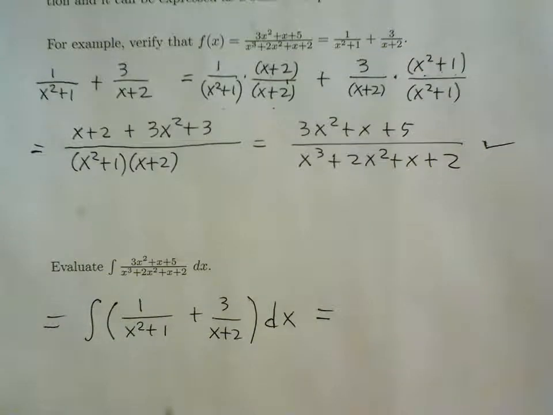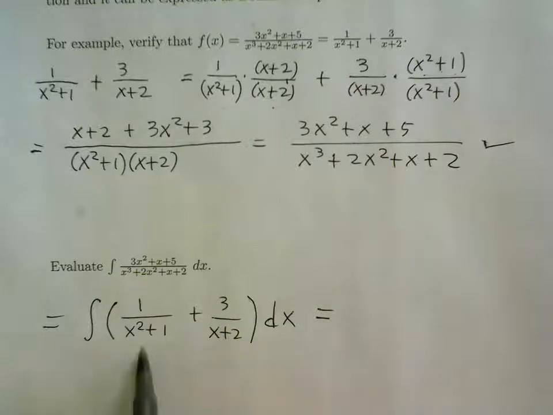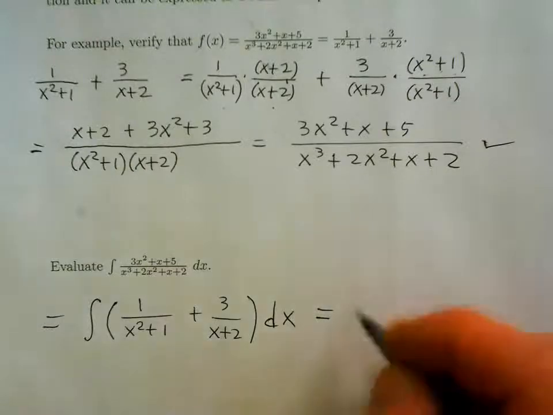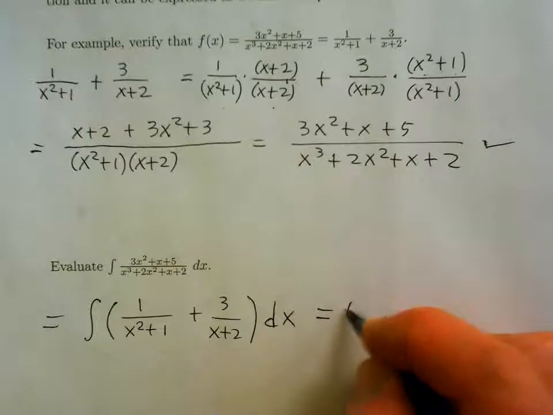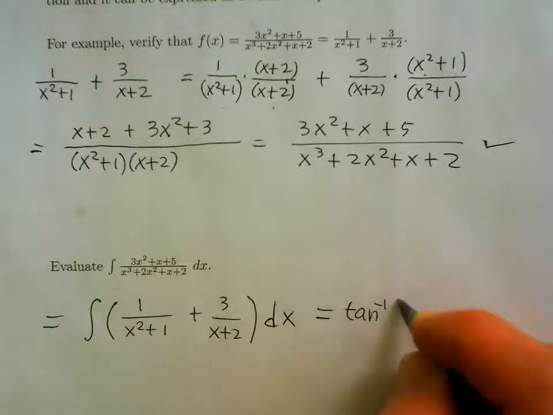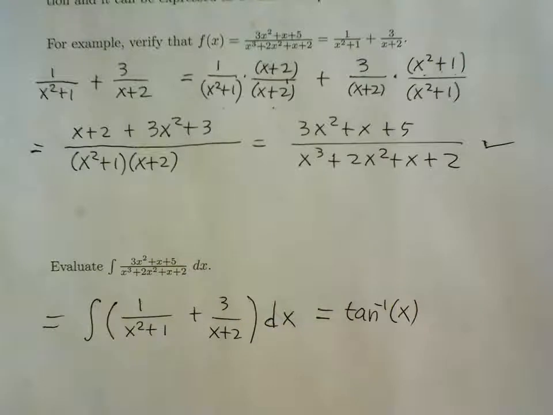Maybe by now you know what the antiderivative for 1 over x squared plus 1 is. If you don't remember, we can always find it by a trig substitution. We can use x equals tangent of theta. Or you just might remember that we've done it a fair number of times. The antiderivative for 1 over x squared plus 1 is 1 times the inverse tangent of x over 1, or just the inverse tangent of x.